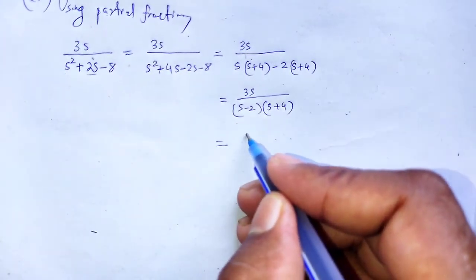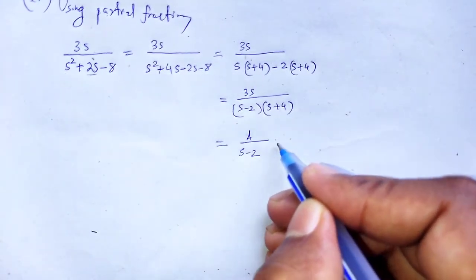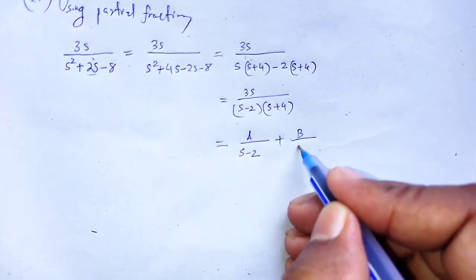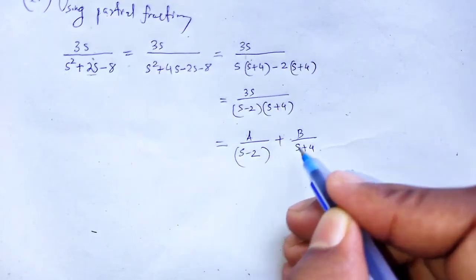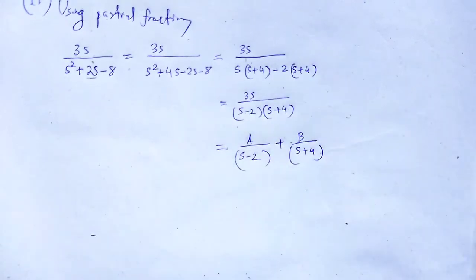We write it as a divided by s minus 2 plus b divided by s plus 4, using the concept of partial fraction.